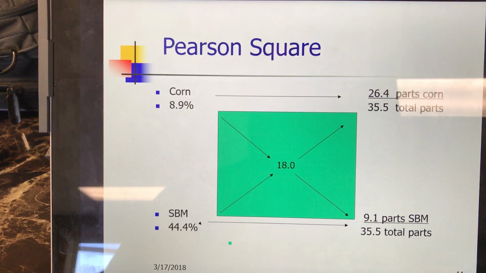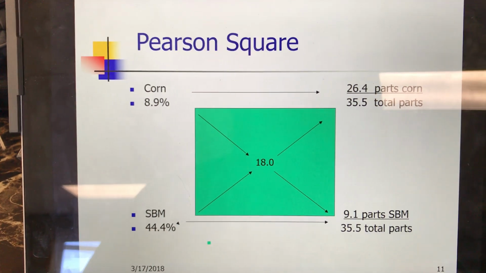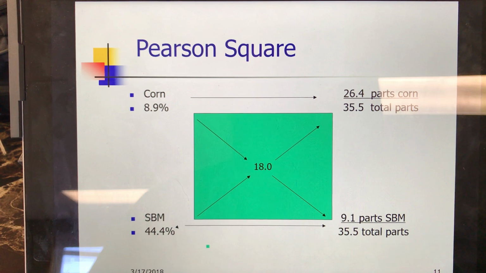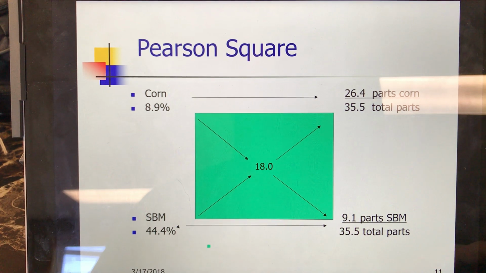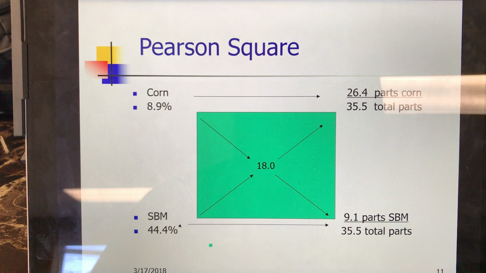Okay, so now we see that this is what it should look like on your paper, and when you start practicing, this is what your paper should look like. Now what we're going to do in this step is find out the percentage needed for each of these.